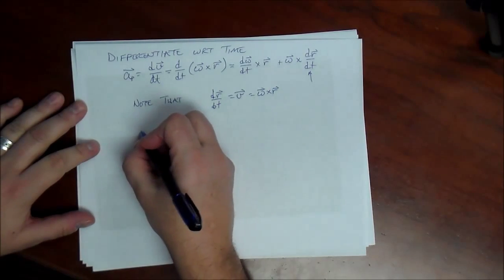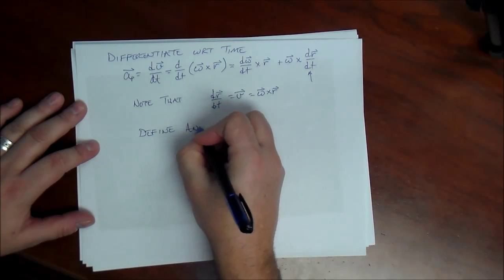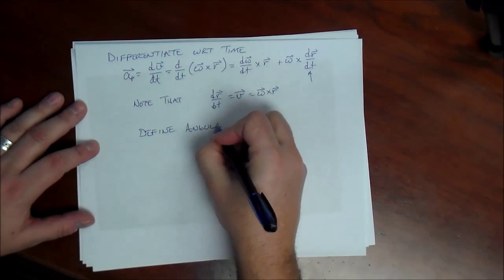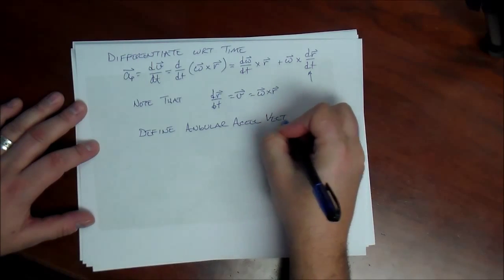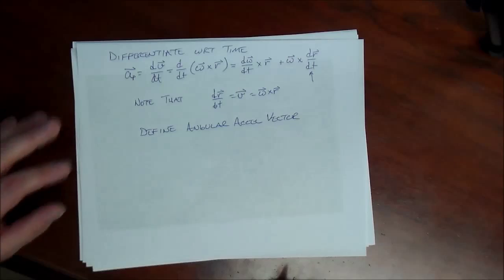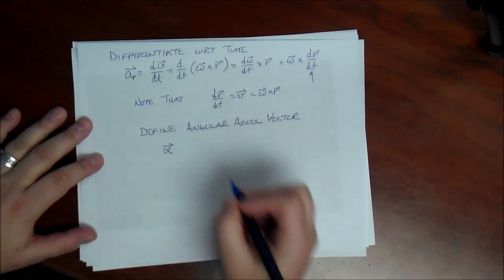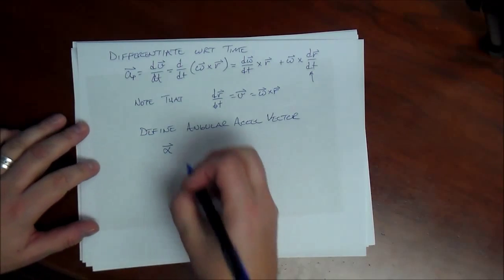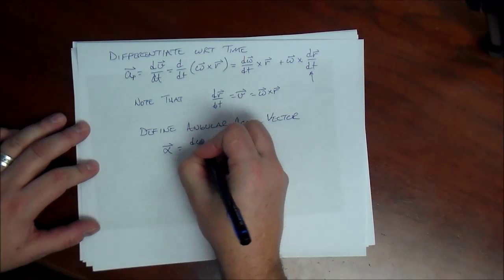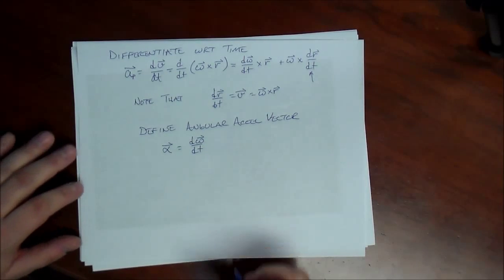Next, we want to define the angular acceleration vector. And for angular acceleration, we use the lowercase Greek letter alpha, and again it's a vector just like angular velocity, and that's equal to d omega/dt, the time rate of change of angular velocity.